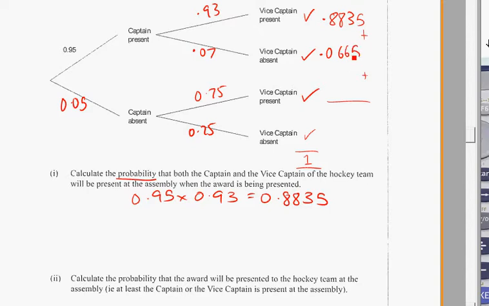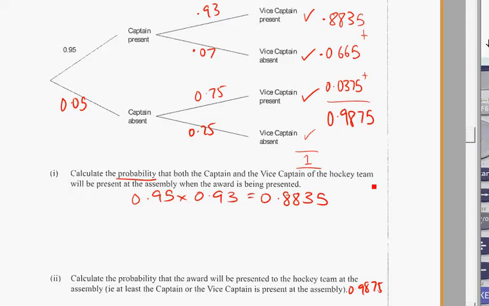And the next branch, add them all together and it should equal 0.9875, which if you do 1 minus 0.05 times 0.25 equals the same thing. So that's my answer for part 2, 0.9875.